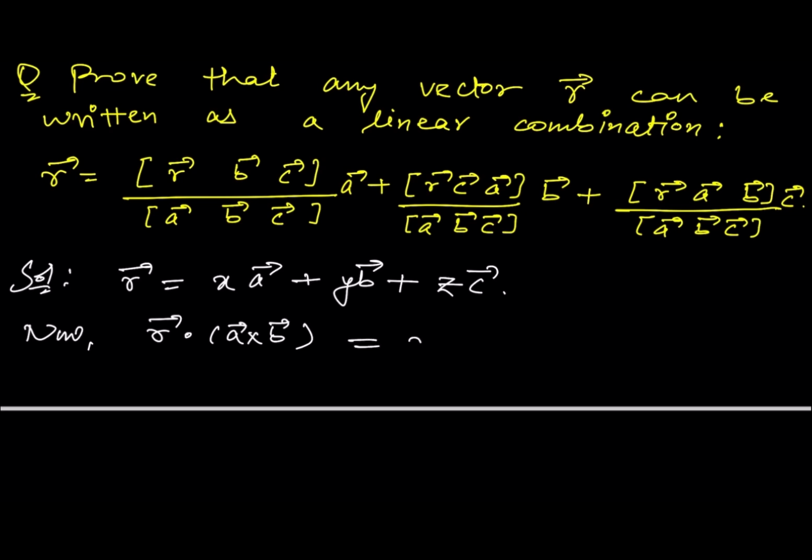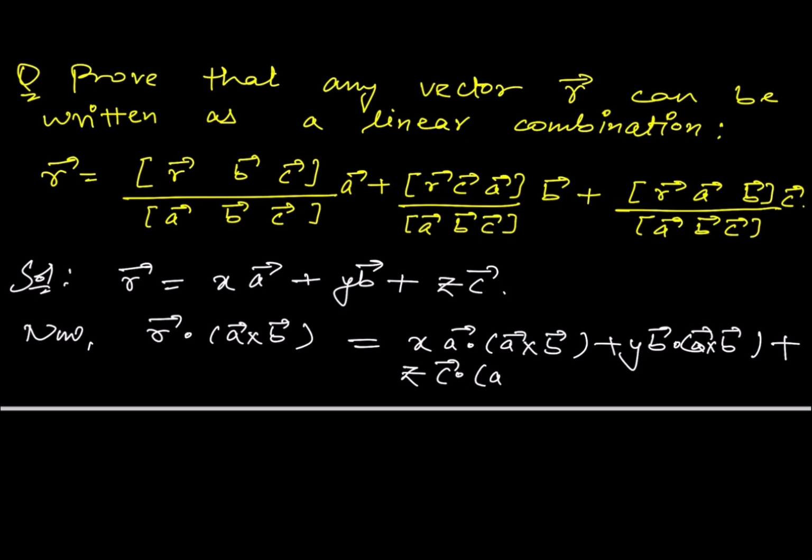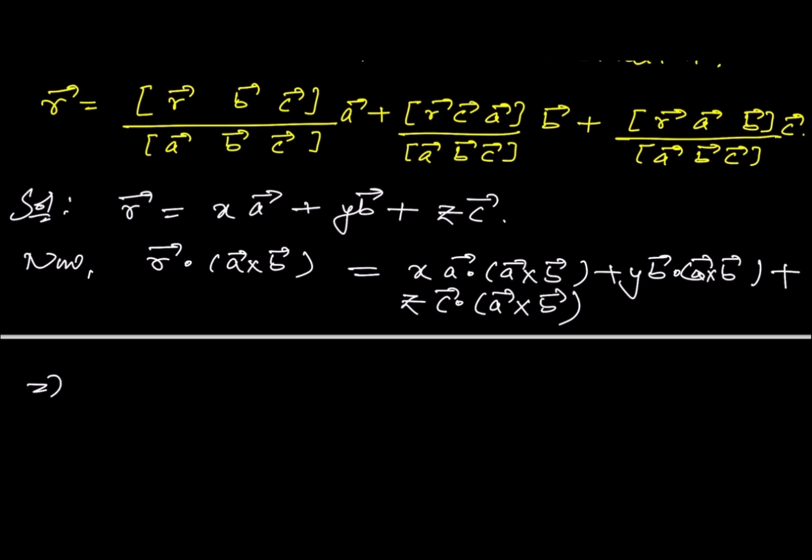So this will be x A dot A cross B plus y B dot A cross B plus z C dot A cross B. Okay. Now R dot A cross B can be written as box RAB, which is equal to: A dot A cross B is 0 because A vector and A cross B vector are perpendicular.